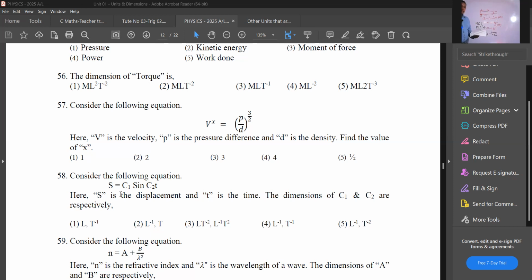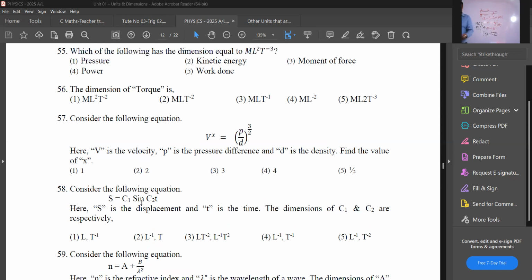Because torque is equal to force into perpendicular distance. I will explain that one.